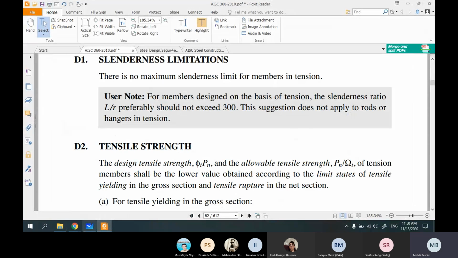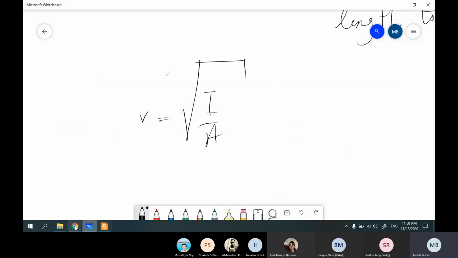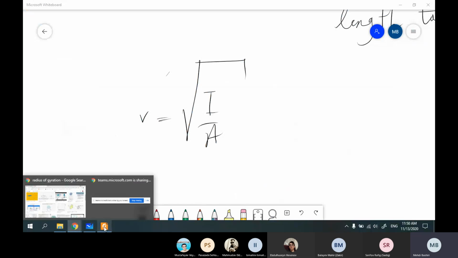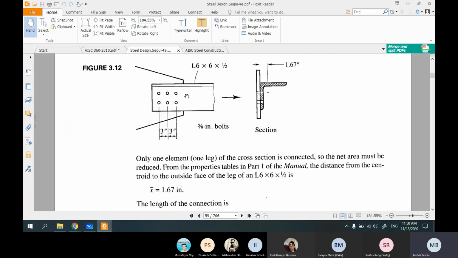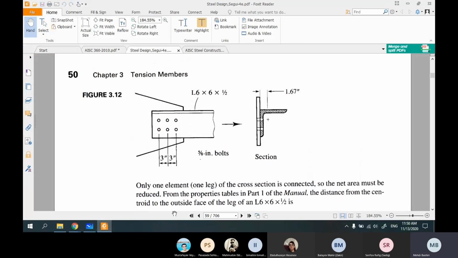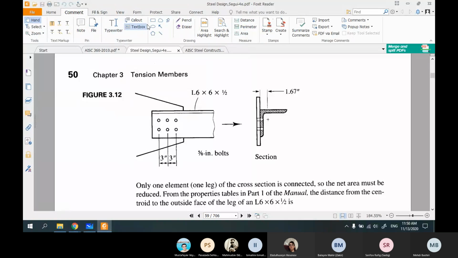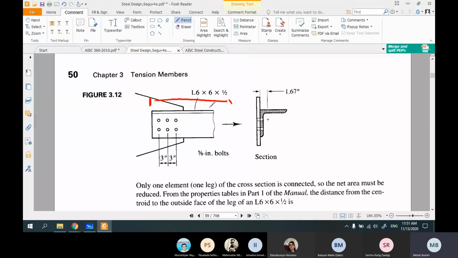So for example, in our case, let me show in our case in here, assume that the length of this member is 12 feet.